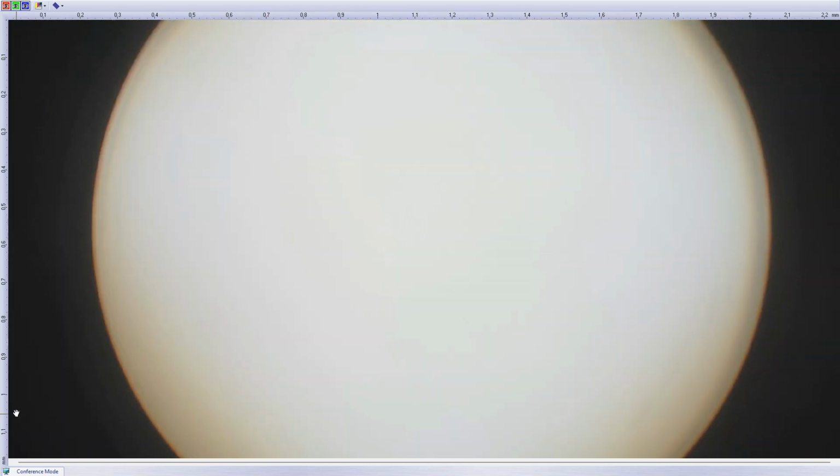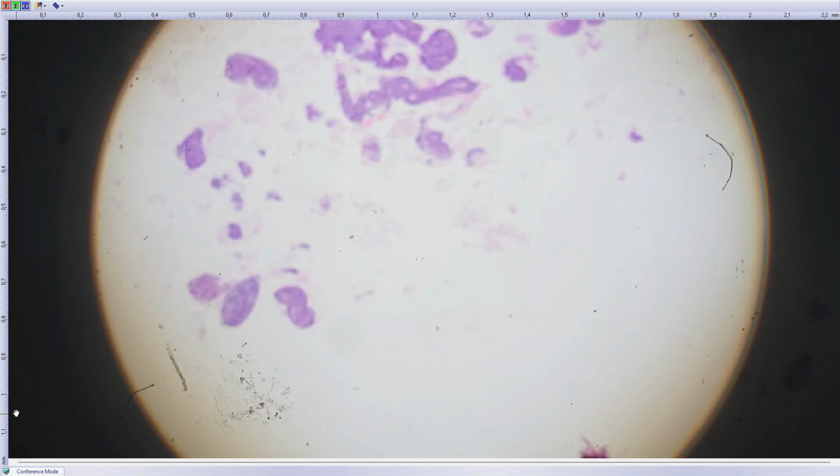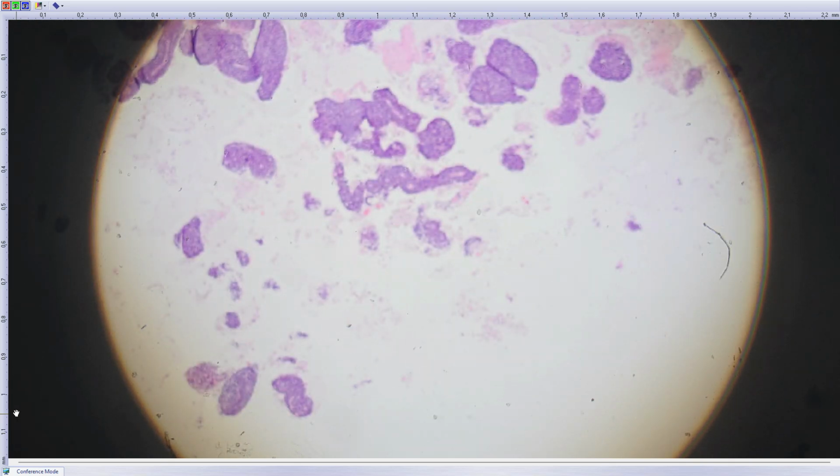My next case is a very interesting one. This is, let's say, a middle-aged male patient with a lesion in his eye. So it's an intraocular tumor, and just before looking into the microscope, you will say it must be melanoma, right?